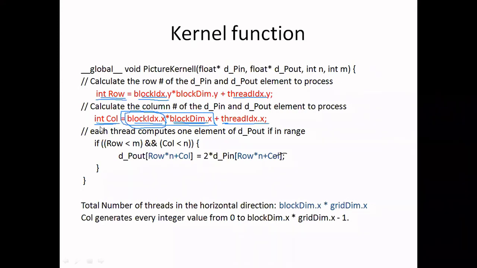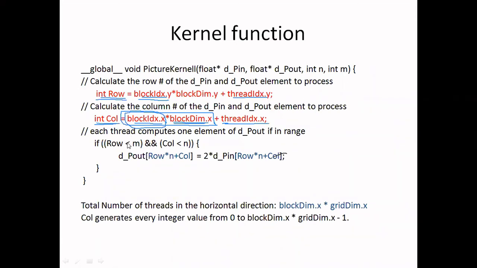So here, when we want to decide in which column it is, we check the x value of block index, multiply it with the dimension, and then add the thread index dot x within that particular block. In this way, we get the column position. Similarly, we get the row position.